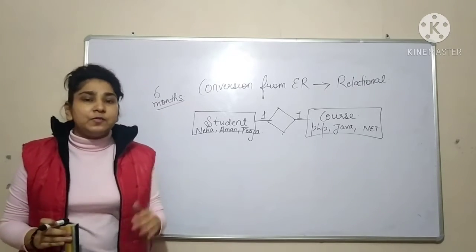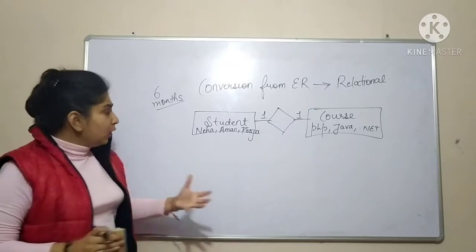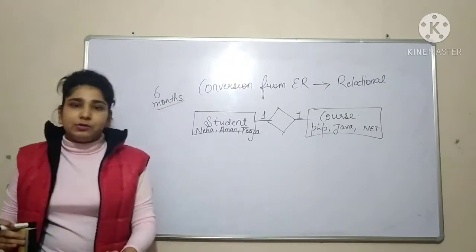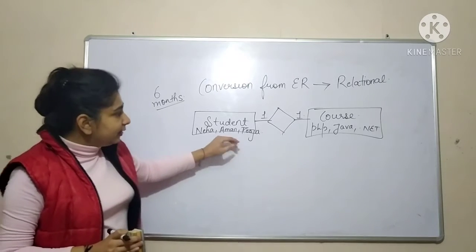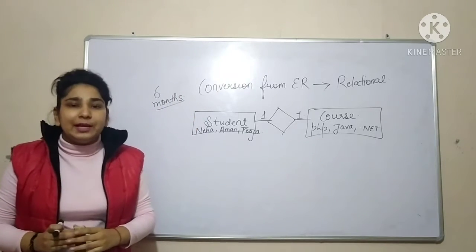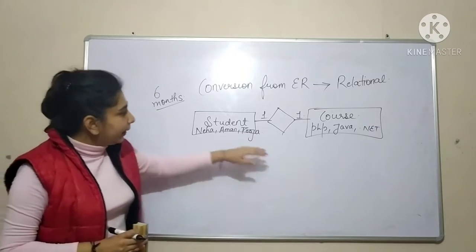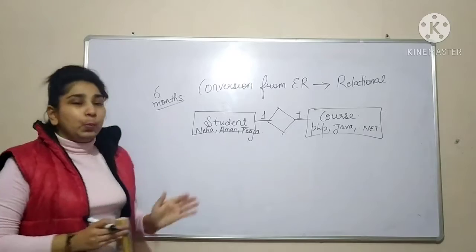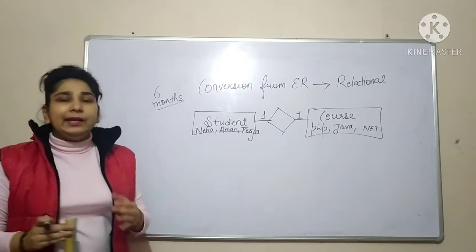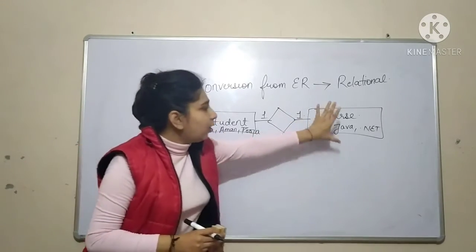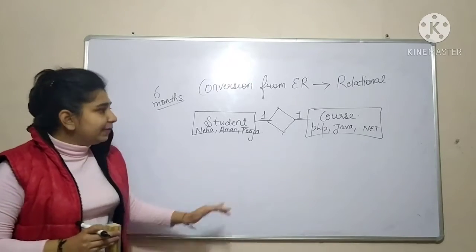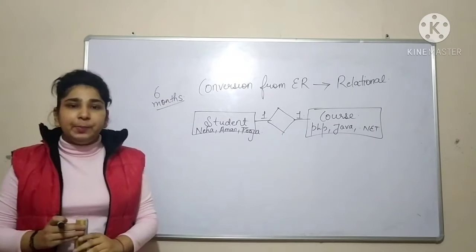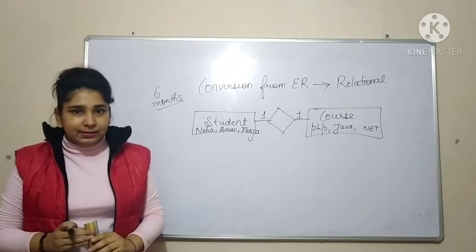If you have 6 months industrial training, obviously one student is working on one technology, so there is a one-to-one relationship between these two entities.